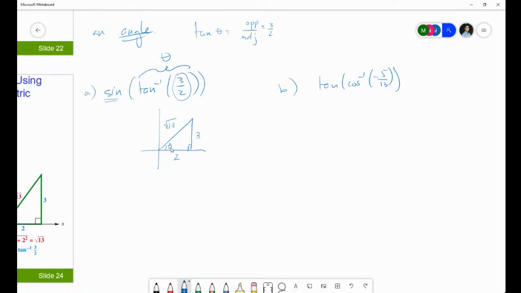I don't care what theta is because I'm trying to find the sine of that theta. So sine is opposite over hypotenuse. That means I can take 3 divided by square root of 13 and rationalize it. So my final answer is 3 square root of 13 over 13.